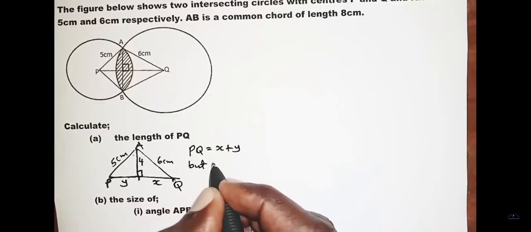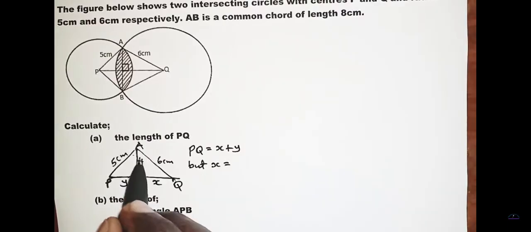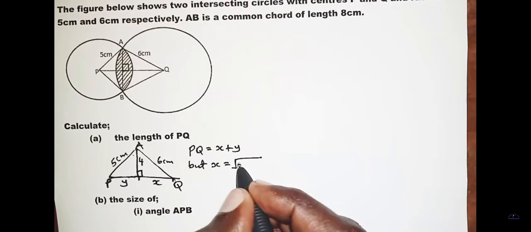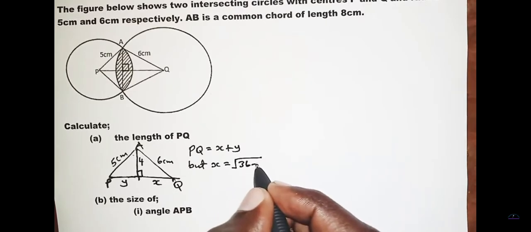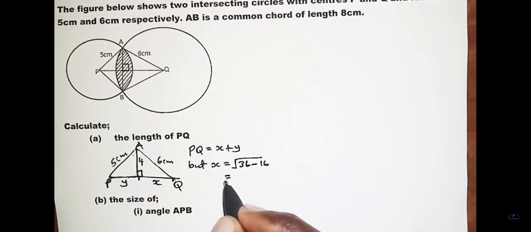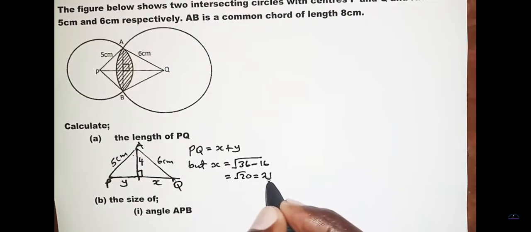But by Pythagoras theorem, X should be the square root of hypotenuse squared, which is 36, minus height squared, and that is 16. So we are going to get the square root of 20, which is 2 root 5.